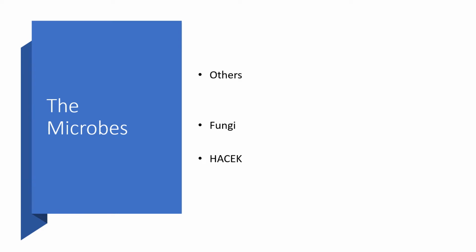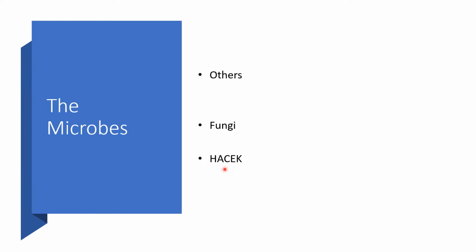The list will also include Chlamydia, Bartonella, Legionella, even Tropheryma whipplei, and Mycobacterium tuberculosis. Fungal infection is another possibility that is not very common, but it is worth mentioning that fungi could be among the microbes causing infective endocarditis.